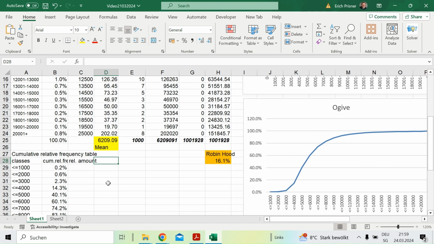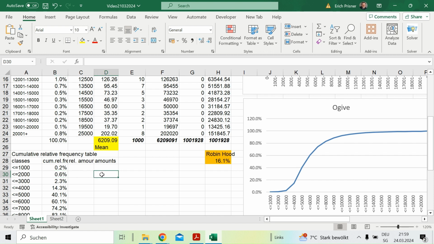So I want to have another column here, which are the amounts. So how much do the poorest 0.2% of the population get? How much money, not of the whole, but how much money absolutely do the poorest 0.6% of the population get?